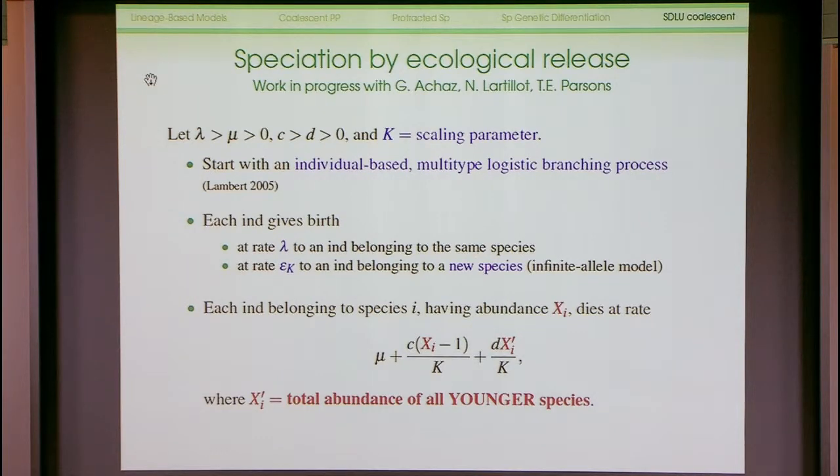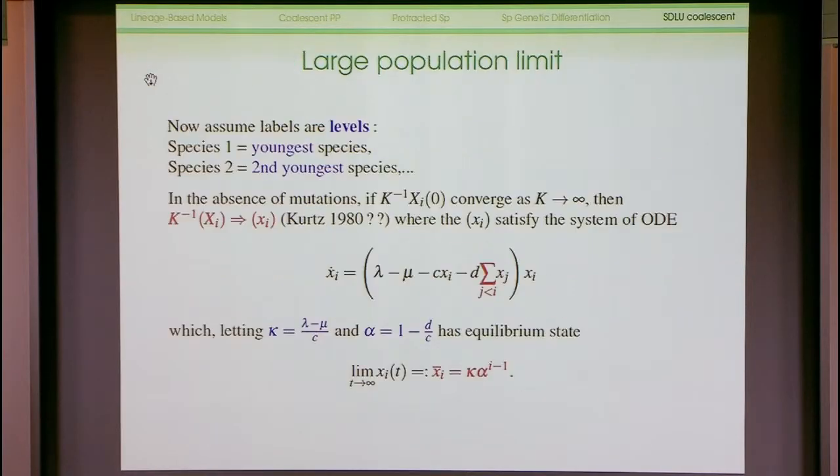So we assume that a new species that arises in the metapopulation, a new type, does not feel the competition from all the species present at that time.